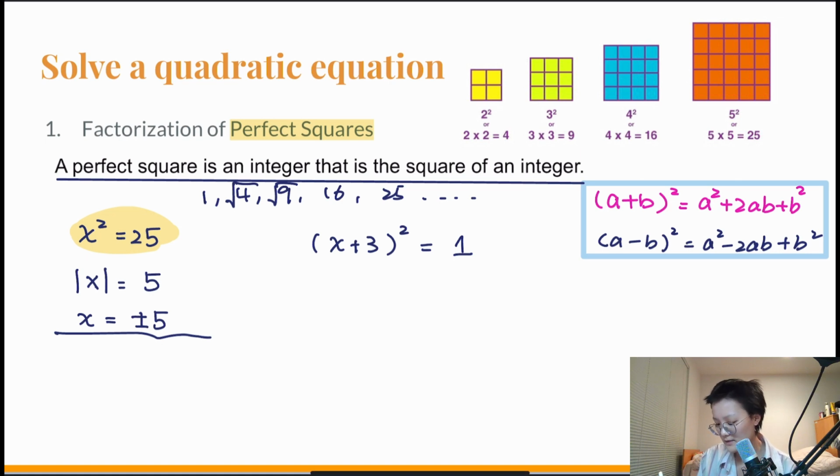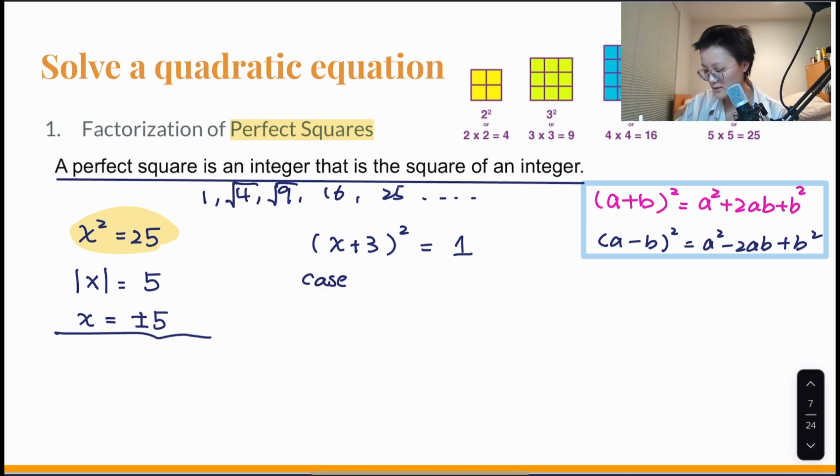Similarly, in this case, we can divide it into cases. So case 1, case 2. Case 1 is that we take the square root of both sides. We say x plus 3 equals positive 1. And in case 2, we say that x plus 3 equals negative 1.